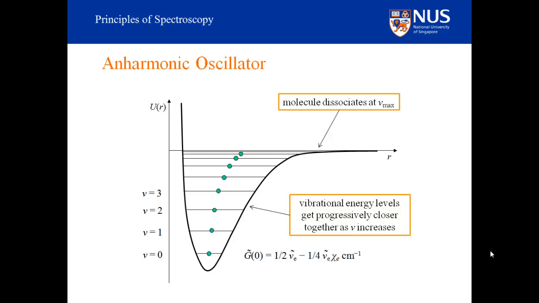Because the potential energy is not harmonic, the average bond length for any vibrational level is getting longer and longer as V increases. Because of anharmonicity, the bond length is getting longer and longer the closer we get to the dissociative limit.